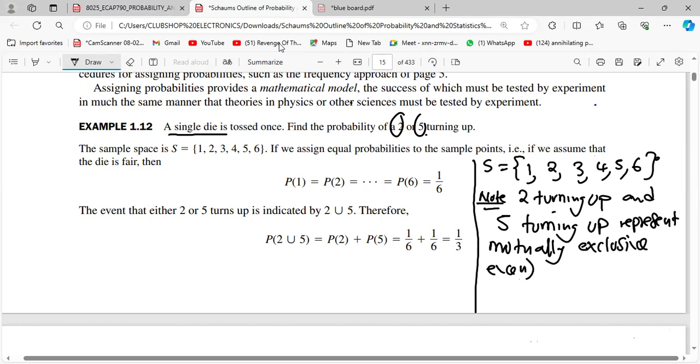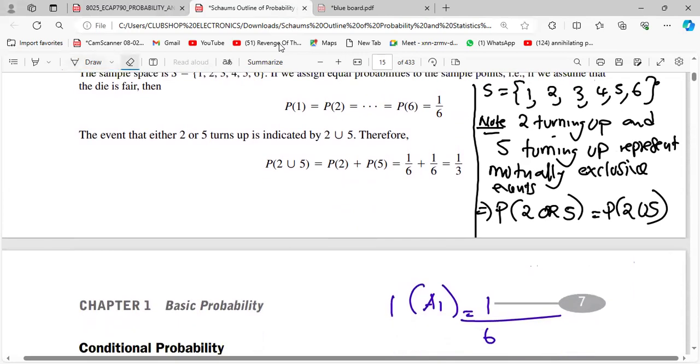And we said for mutually exclusive events, this simply means that the probability of 2 or 5 is the same as the probability of 2 and 5. And since 2 and 5 are mutually exclusive, we do not expect to have an intersection set.